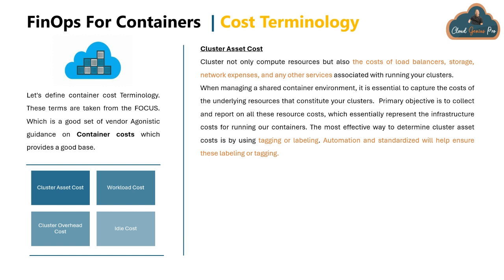The primary objective is to collect all the cost for all these sub resources. And obviously if we want to monitor this particular cost, tagging or labeling should be one of the appropriate methods to track the cluster asset cost. If we want to achieve this tagging and labeling in an automated way, then nevertheless to say that automation or standardization will help you to enforce this tagging or labeling.